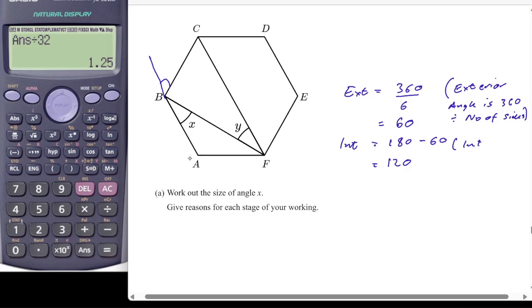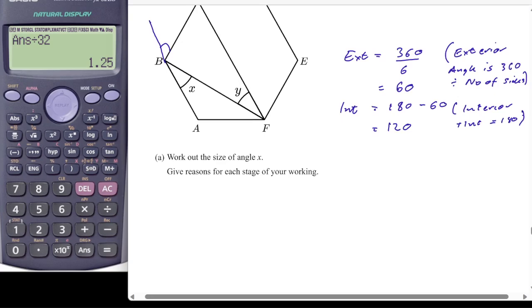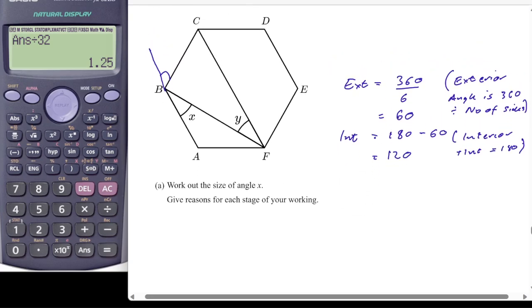So the interior plus exterior equal 180 degrees. I'm then going to say CBF is equal to 90 degrees, and the reason for that is BFCE is a rectangle.